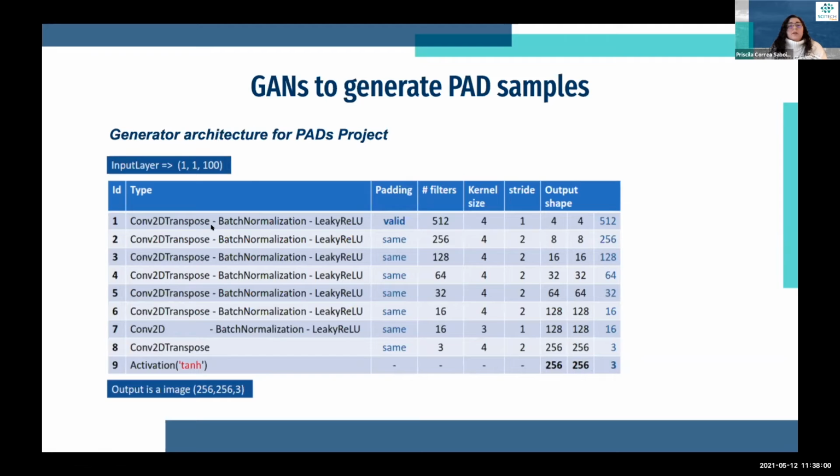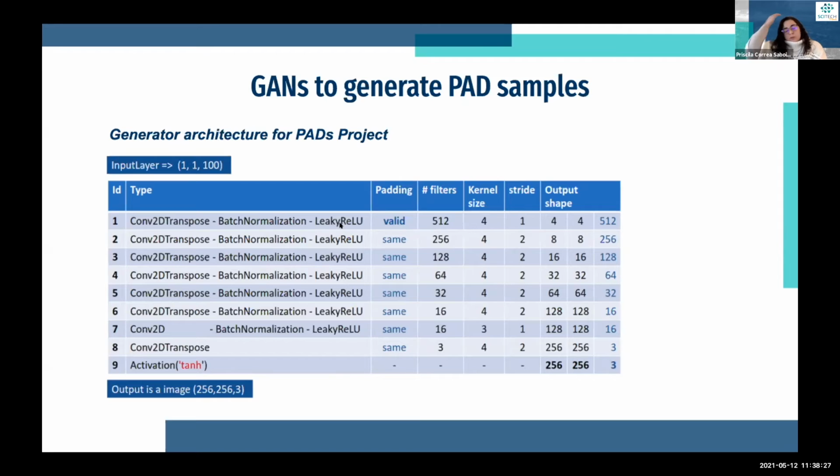As you can see here, for each convolutional 2D transpose layer, we have batch normalization and leaky ReLU. It's very important to have this normalization. Without that, it's impossible to produce an image, and the leaky ReLU is very important because we want, in this case, the negative part of the neurons, right?